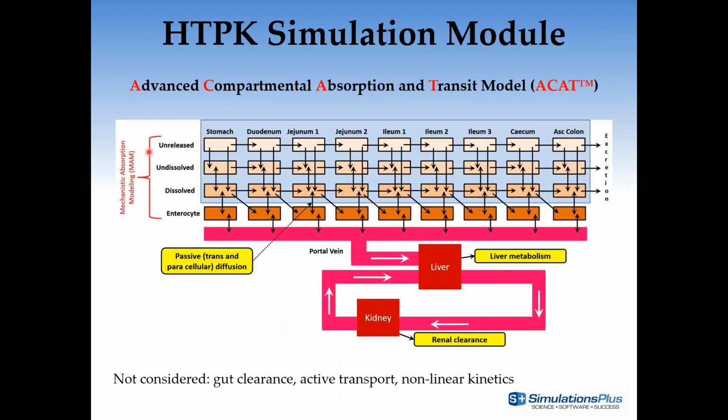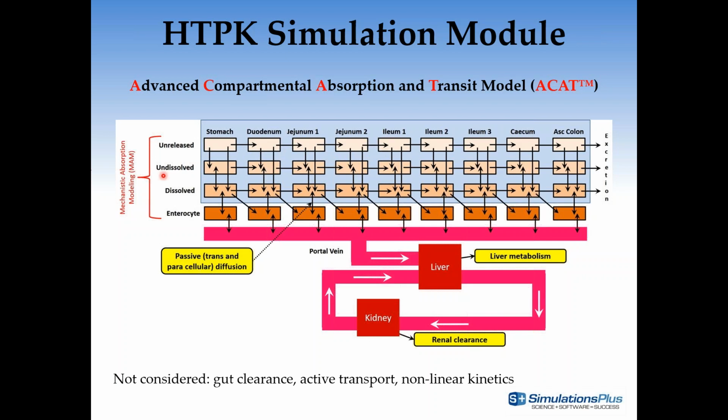And then just looking at the model itself. This is a schematic of the GastroPlus Advanced Compartmental Absorption and Transit model. This is the model in which the gastrointestinal tract is divided into compartments, each with its own unique physiology and transit time and other parameters.